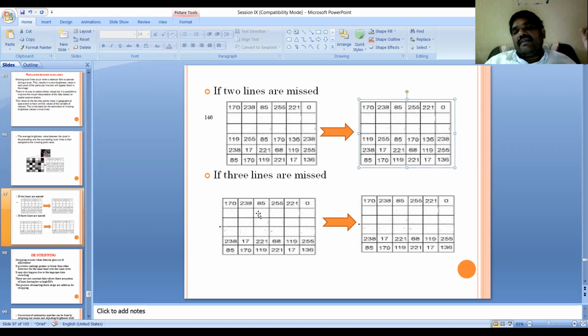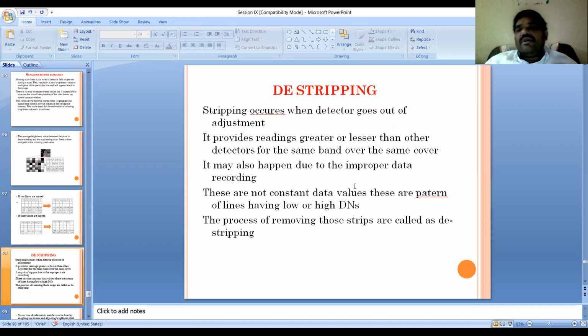If 3 lines are missed, the first line values are replaced with the previous line, the third line values are replaced with the subsequent line, and the middle line values are simply obtained by adding and averaging the first and third line values. If more than 3 lines are missed, the process has to be done one more time.